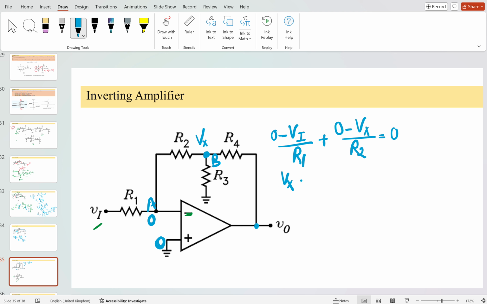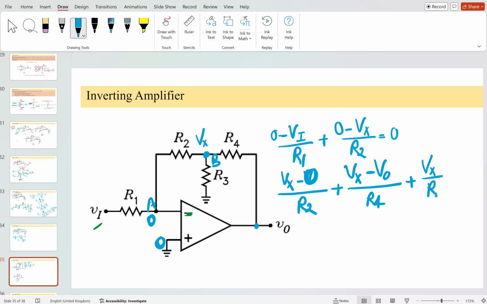At node B, that is (Vx minus 0) divided by R2, because at node A it is 0 plus (Vx minus V output) divided by R4 plus, because the R3 branch is also there, Vx divided by R3, is equal to 0.